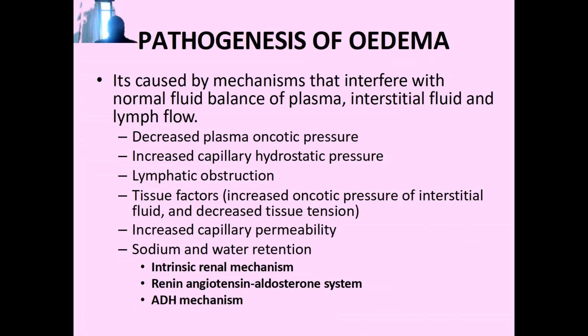So in this case there is decreased plasma oncotic pressure, increased capillary hydrostatic pressure, lymphatic obstruction, and tissue factors, for example increased oncotic pressure of interstitial fluid and decreased tissue tension. Also increased capillary permeability and sodium and water retention, for example in intrinsic renal mechanisms, in the renin-angiotensin-aldosterone system, and in the aldosterone-antidiuretic hormone mechanism.